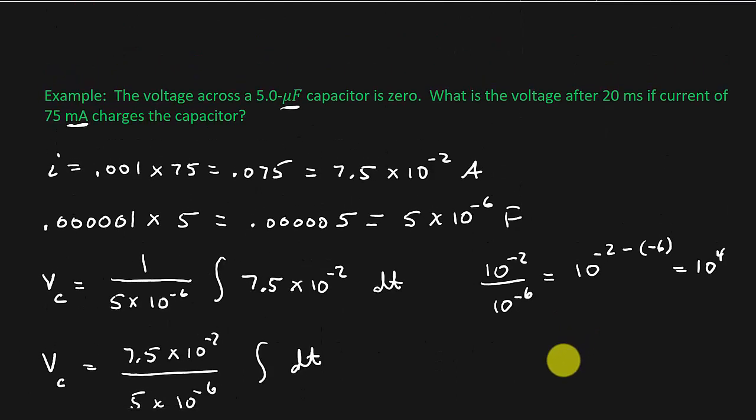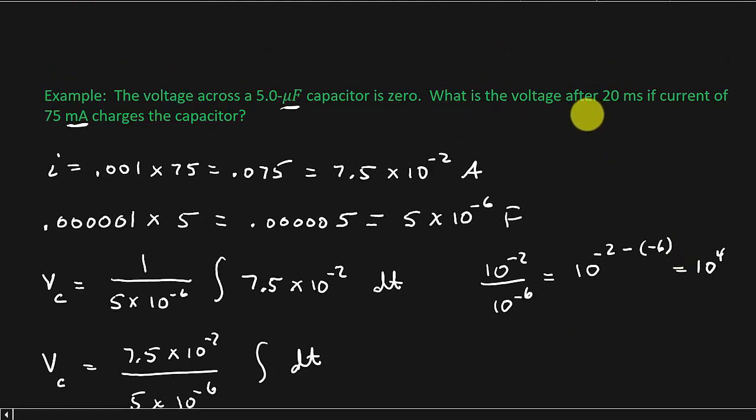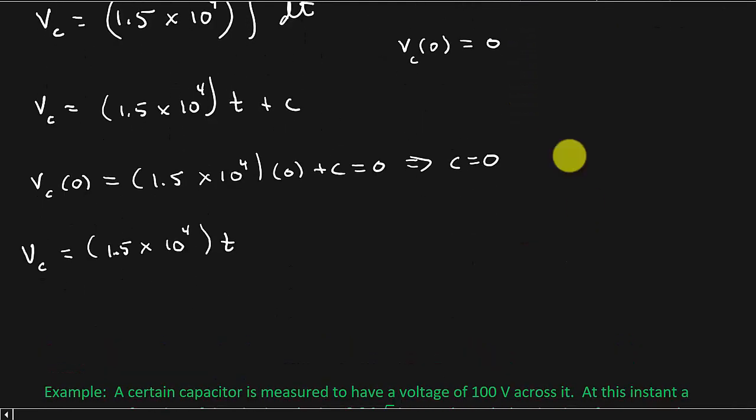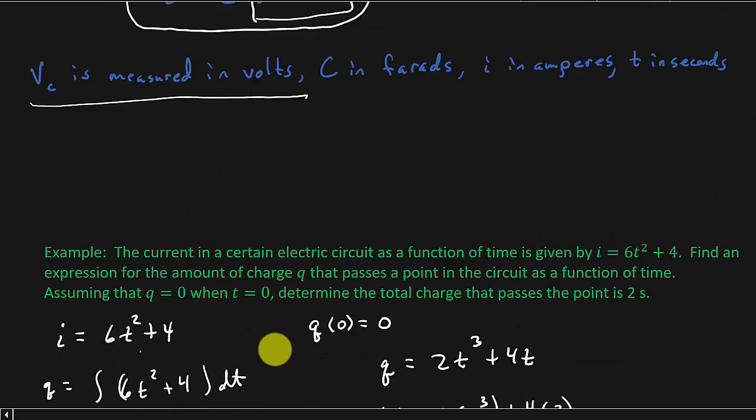All right, so what is it wanting us to find? What is the voltage after 20 milliseconds? They want to know the voltage after 20 milliseconds. So let me ask you this. Does it mean I would plug the 20 in for t? Is that what that means?